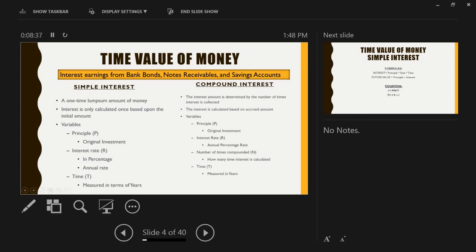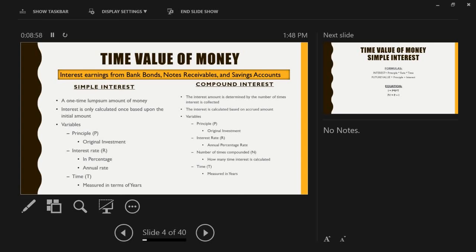And then lastly, time is going to be measured in years. Okay? So the fine line is number 1, you're being only charged interest one time. The other one is number 2, which is you're being charged multiple times.